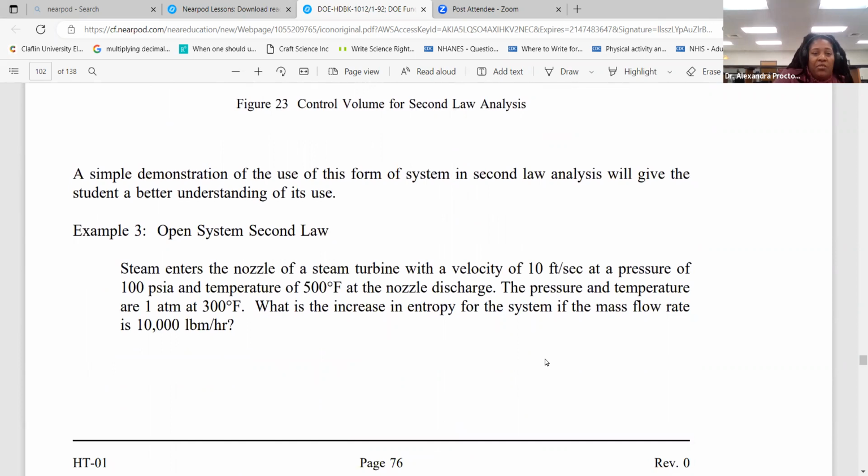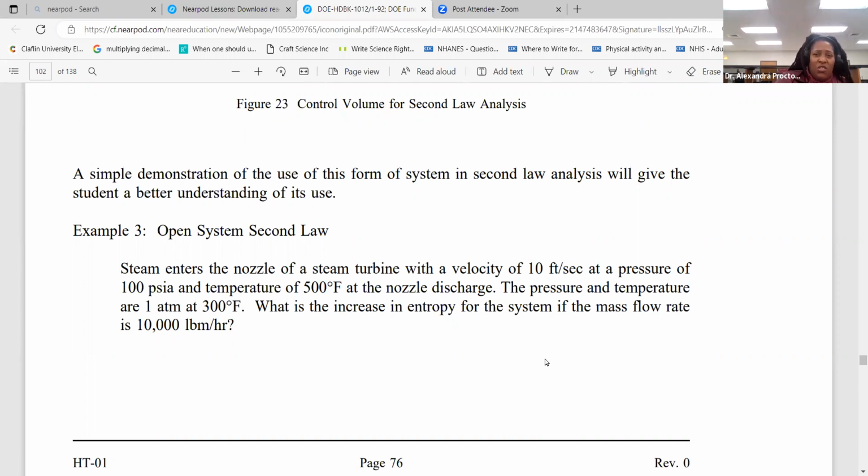A simple demonstration of the use of this form of system in second law analysis gives the student a better understanding of its use. So here you have an open system using the second law of thermodynamics, where steam enters the nozzle of the steam turbine with a velocity of 10 feet per second at a pressure of 100 psi and a temperature of 500 degrees Fahrenheit.